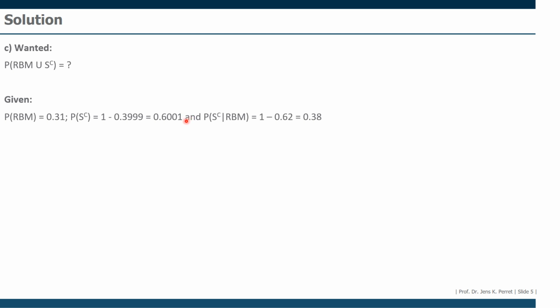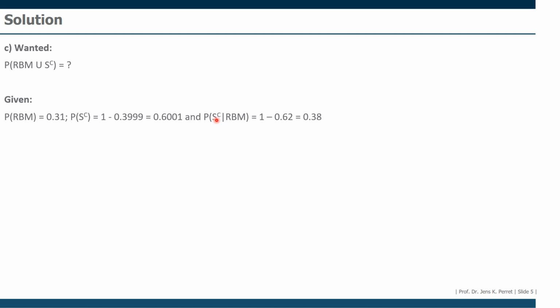Finally, we need a probability of studying RBM and not doing a semester abroad in Spain. Here we can take a short roundabout way to get to this. So first off, we're going to determine the conditional probability that if he studies RBM, what is the probability that he will not do the semester abroad in Spain?